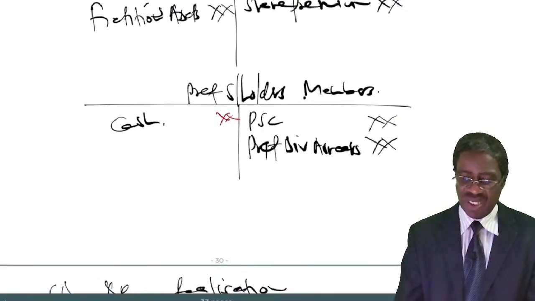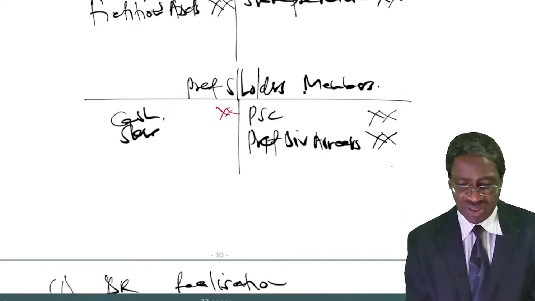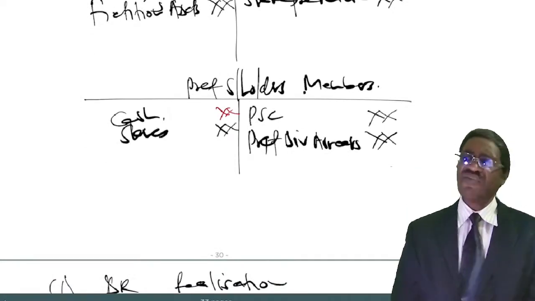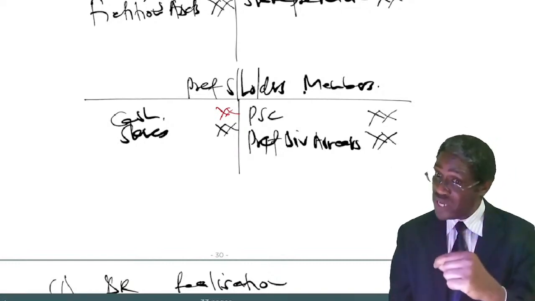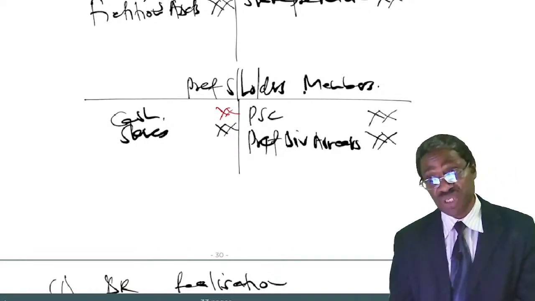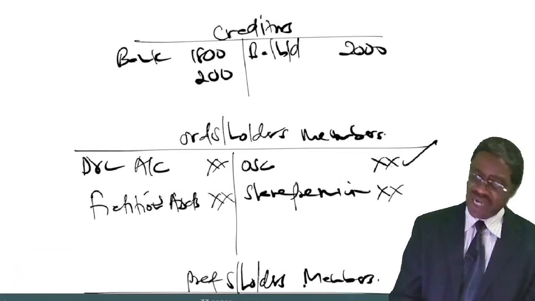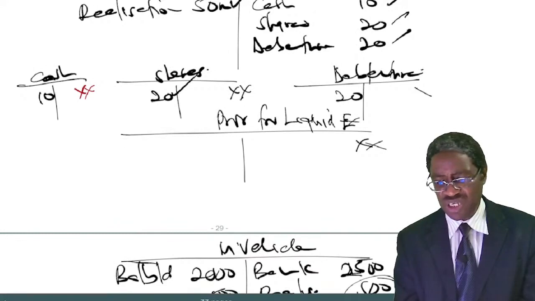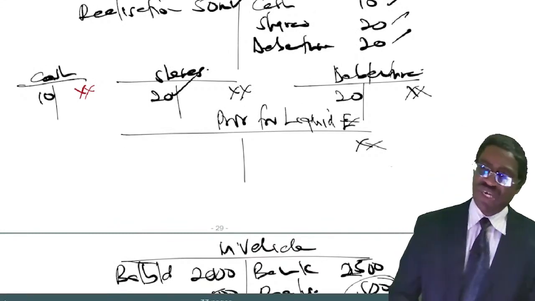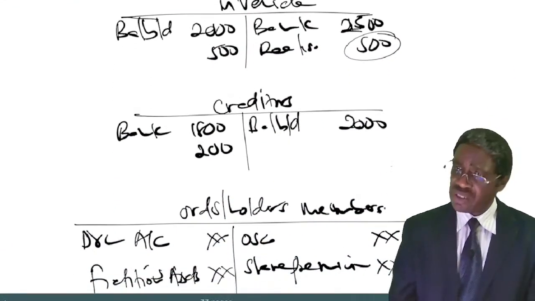If the question tells you you are giving them debentures, you received the debentures as an asset. Now use it. Go credit debentures, and you debit members.